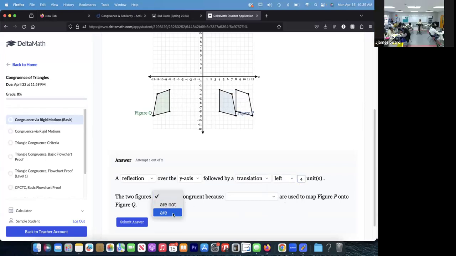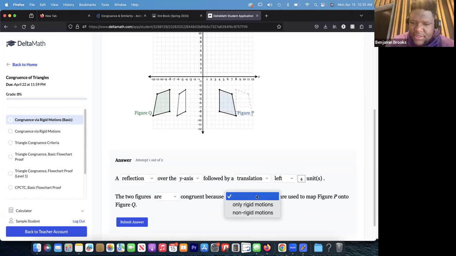The two figures are congruent because only rigid motions are used to map figure P onto figure Q. Once again, rigid motion just means no dilation. So it wasn't blown up.